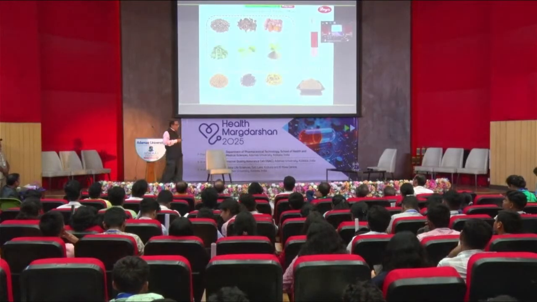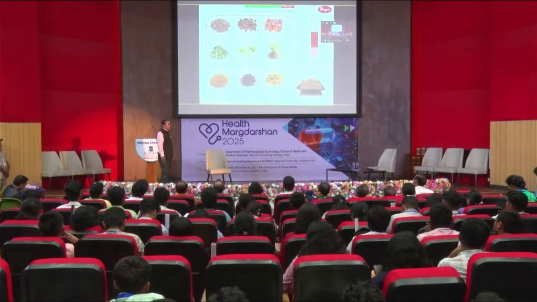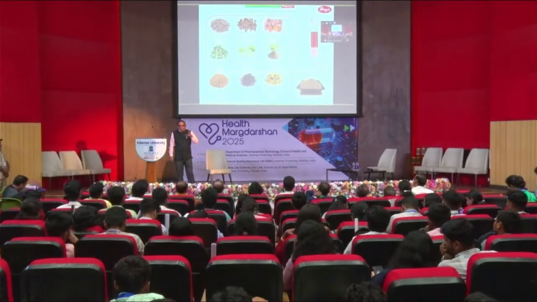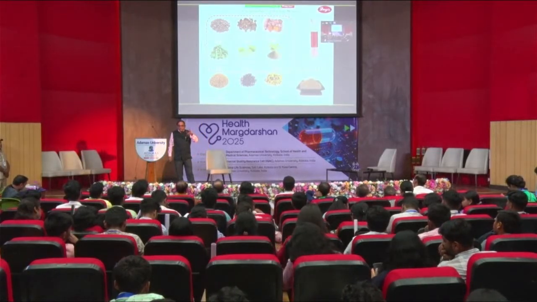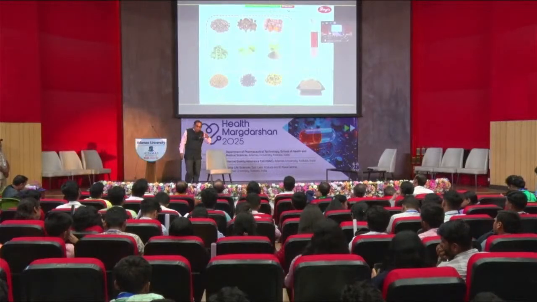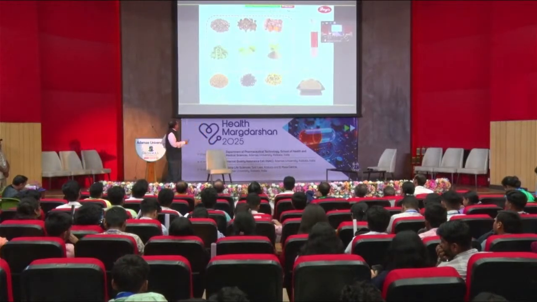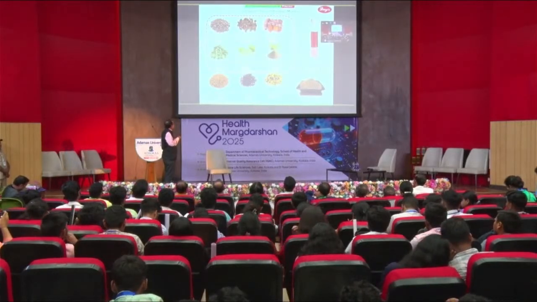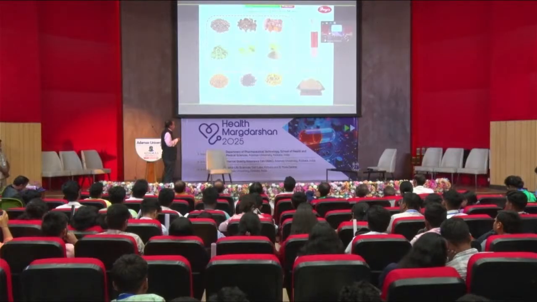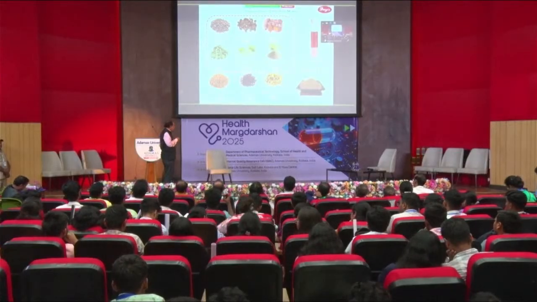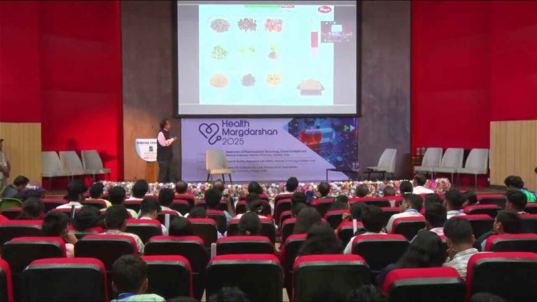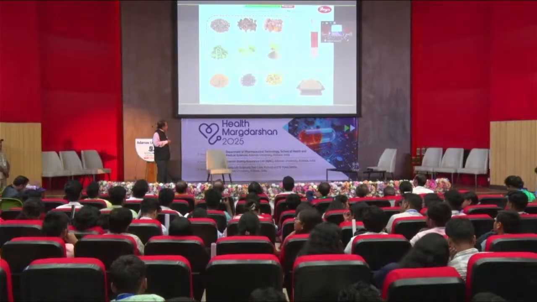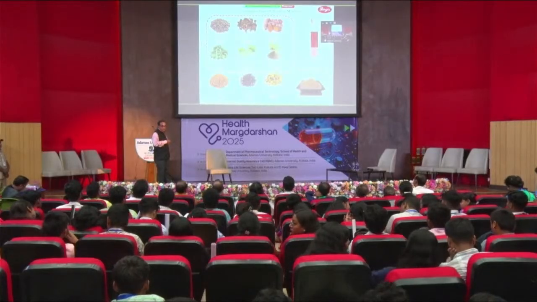So this is our formulation. Initially, we had so many medicines in the market composed of Indian medicinal plants. But in collaboration with another institute, we developed a medicine composed of 6 Indian medicinal plants and 3 Indian medicinal spices. This is the liquid medicine, this is the powder medicine, tablet and capsule.